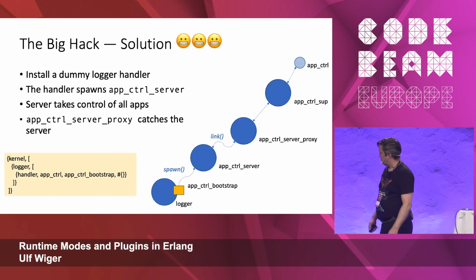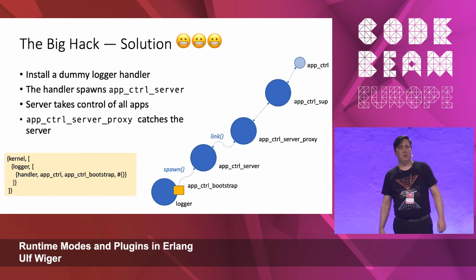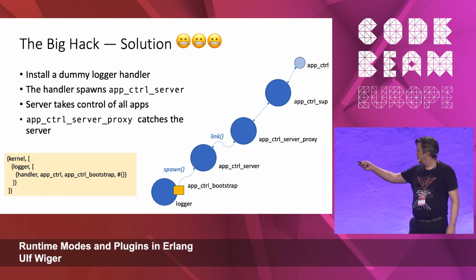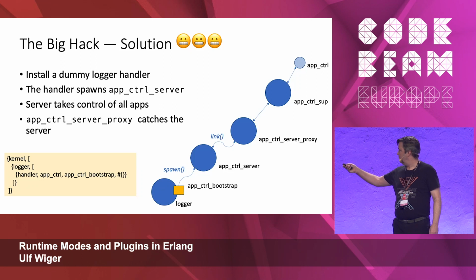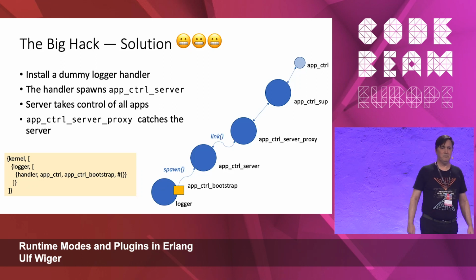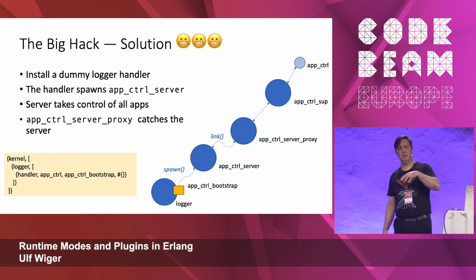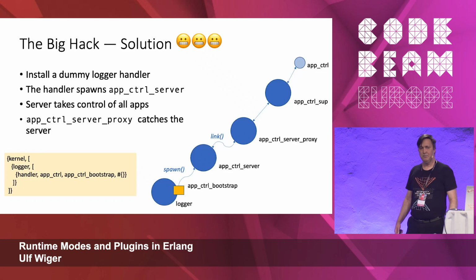So what I did is, you can plug in a logger module. You configure this as a bootstrap module. It's a dummy logger. It doesn't listen to any events. The only thing it does is, when it initializes its state, it starts the app control server.